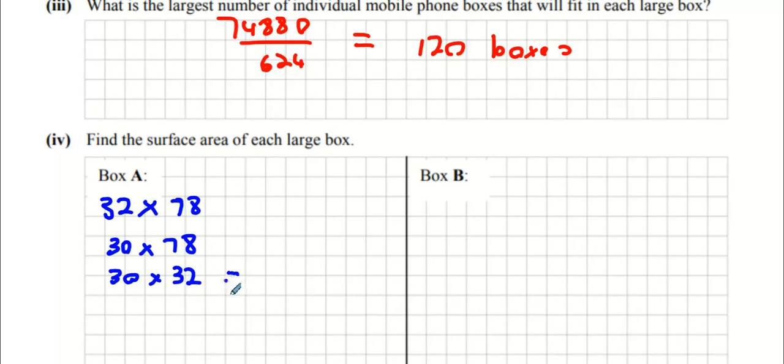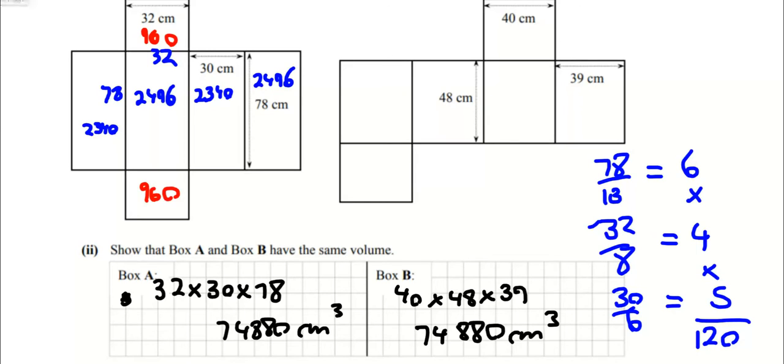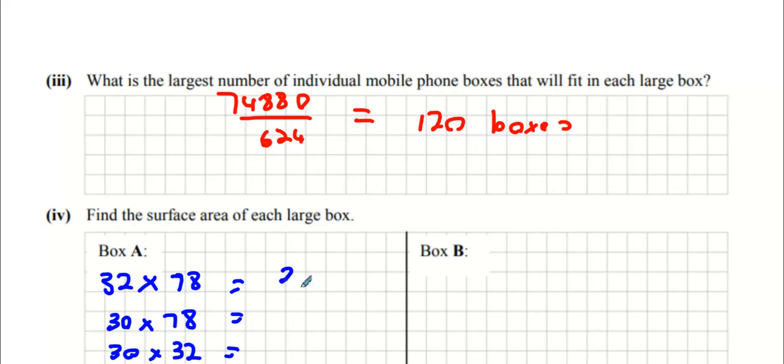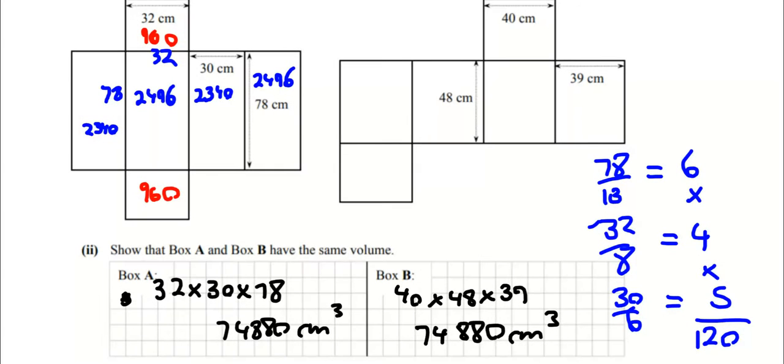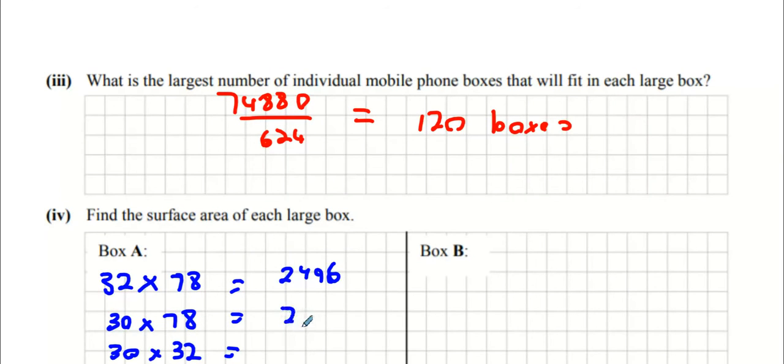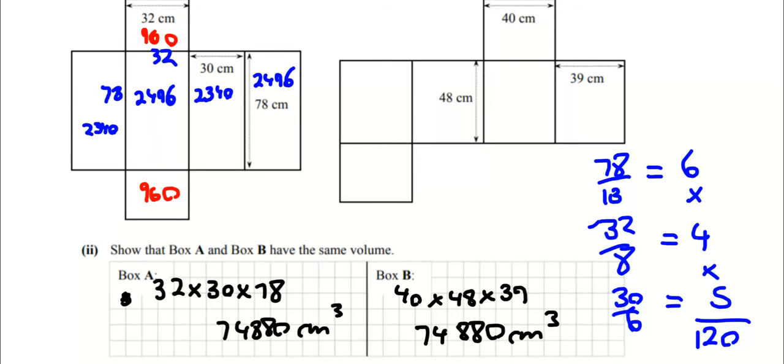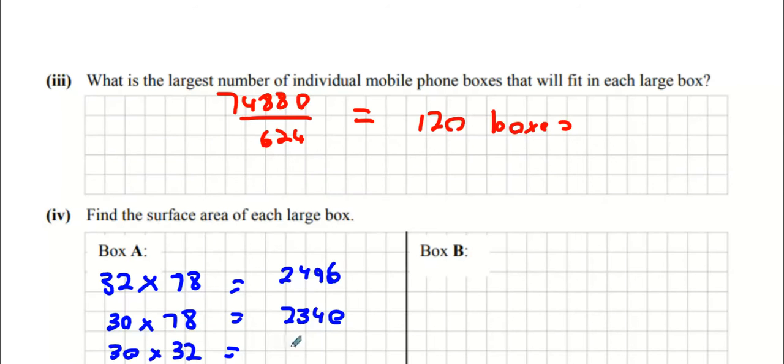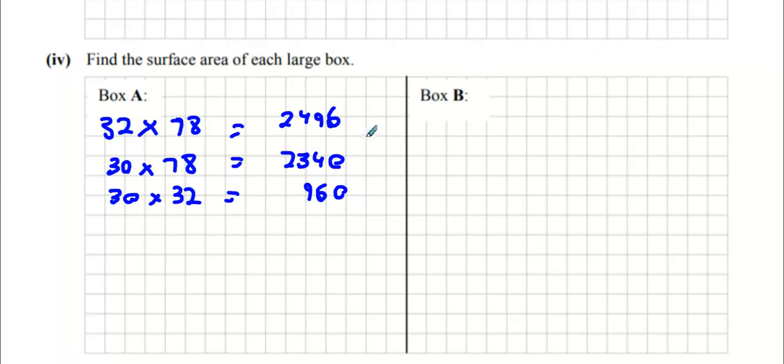Okay, and you're going to put all these together: 2496, and then you're also going to get 2340, and you're also going to get 960. Now you've got to remember, this is only one side. We've got to multiply all of these by 2, so this only counts for half the area. We've got to multiply by 2 because there are 2 of them each time.